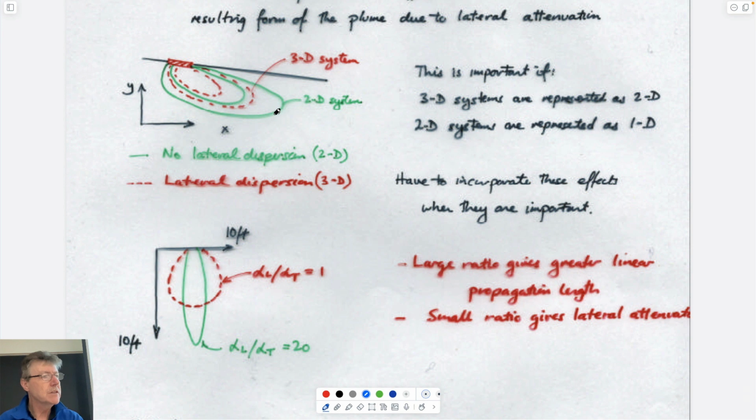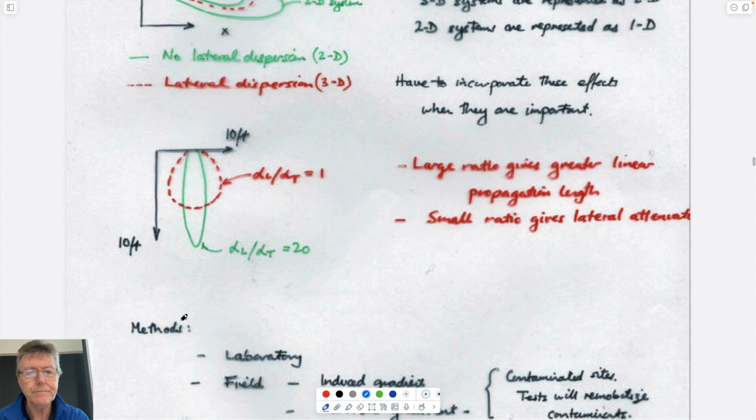A 3D system will disperse laterally, and so that lateral mass will be lost to the stuff that's going longitudinally. It's going transversely, I guess, for T in alpha T. It's going transversely, and therefore mass is lost. And so if you look at it in cross-section, it'll look like this. This is looking at it in vertical section as it can spread out. And so that's a straightforward message, I guess.